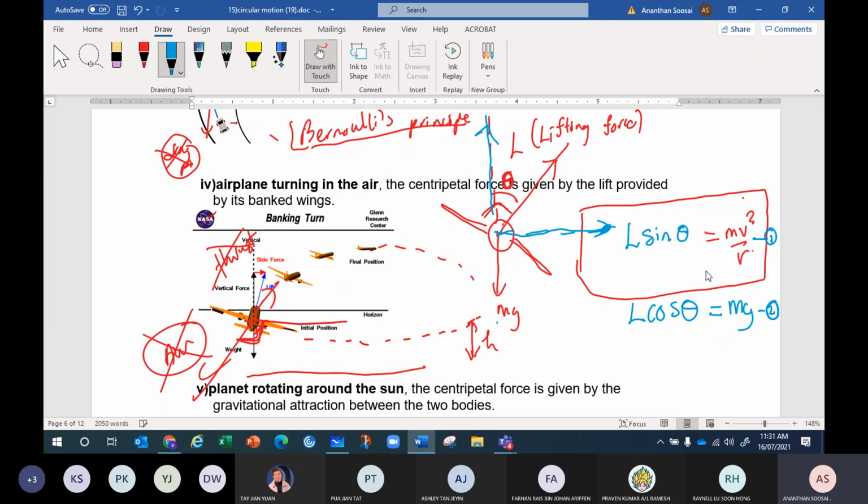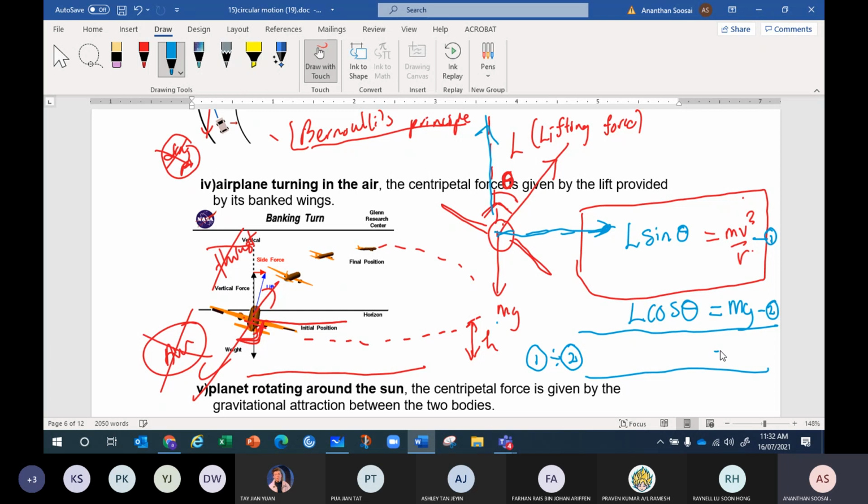Vertically the force is balanced: L cos theta equals mg. L sine theta equals the centripetal force, mv squared over r. Now we're going to do something extra, which is very commonly asked in exams. We divide the first two equations, 1 divided by 2, and you get one unique equation.